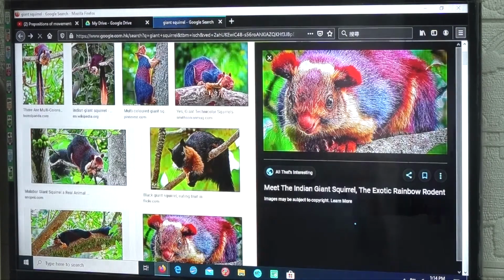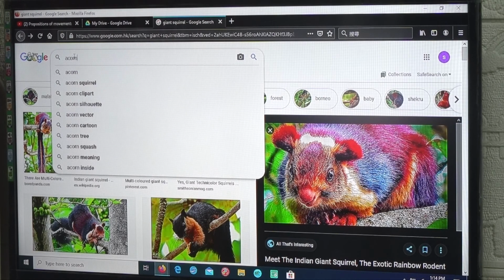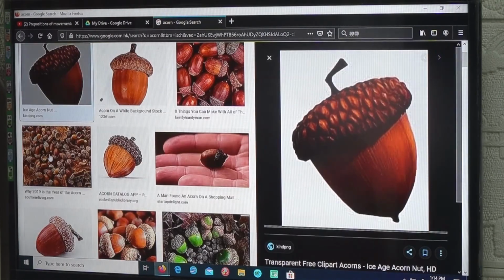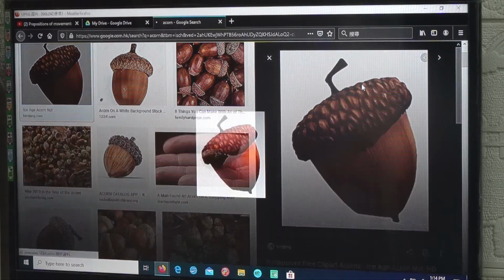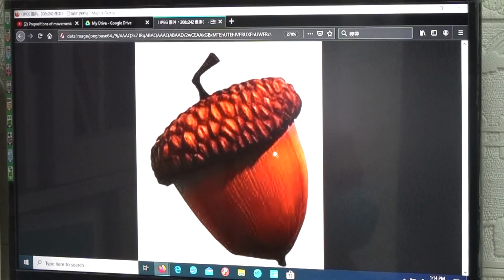Yes, and what is an acorn? Do you know what an acorn is? Acorn in real life looks something like this. You may say instead of that, a giant acorn fell on his mouth. Okay?